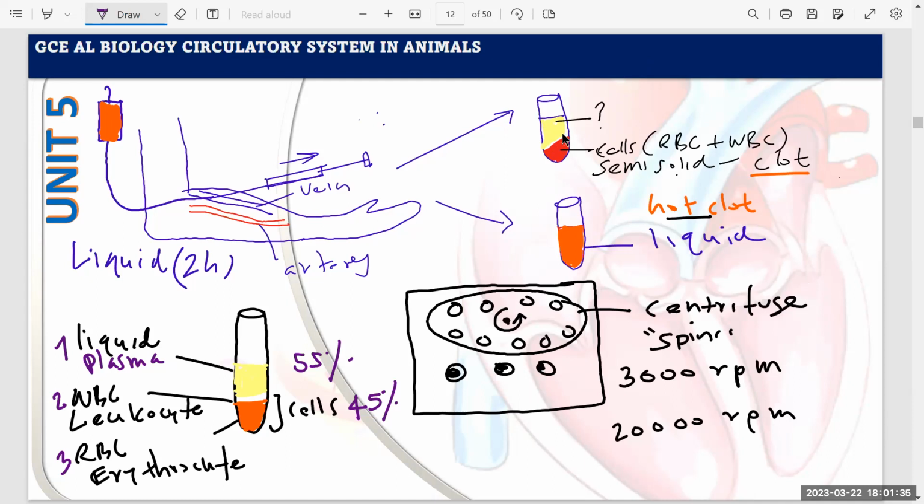Right. Do we call this plasma now? We are not going to use the word plasma. We use serum. Serum is the liquid part.